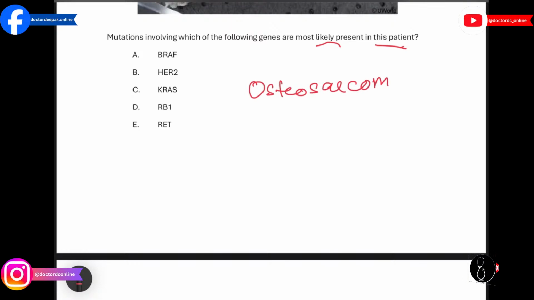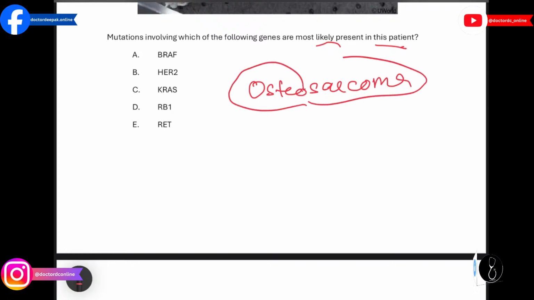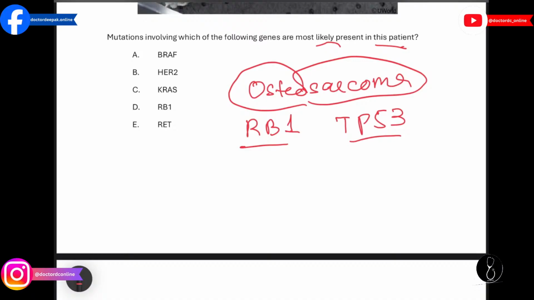osteosarcoma. Osteo means bone, and sarcoma means it is a mesenchymal malignant tumor. Okay? Osteosarcoma typically forms when the mesenchymal stem cell undergoes mutation, firstly in RB1 and secondly in TP53. The RB1 tumor suppressor gene encodes for the RB protein that regulates cell cycle progression.